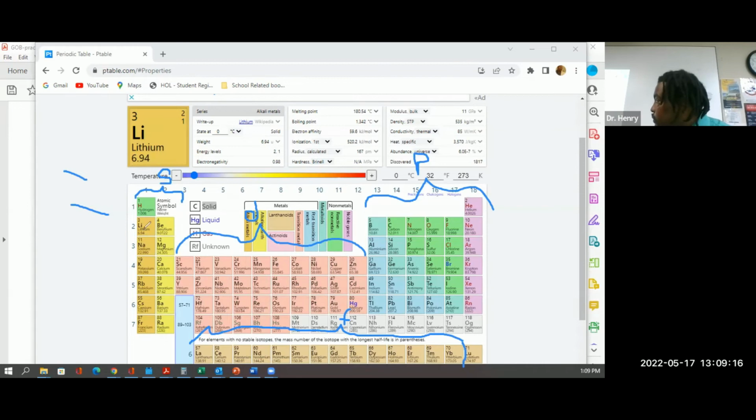Okay, S holds 2, P holds 6, D holds 10, F holds 14. So here, starting at the very beginning, that's 1s2. Then we have the second period, that's 2s2.